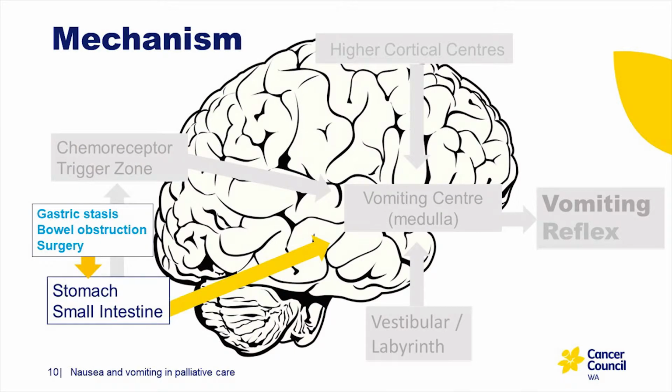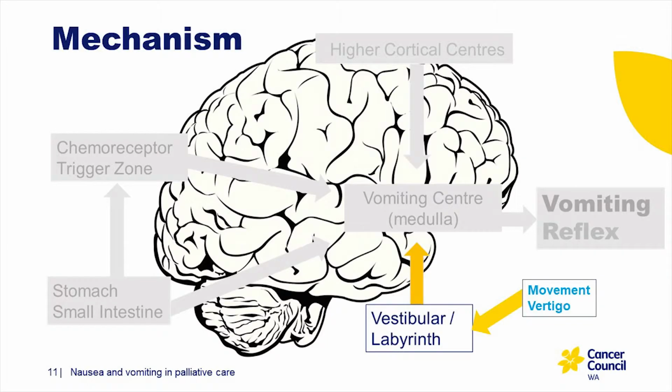Your small intestine is about movement of food through your small intestine, and that may be for a whole range of reasons. You may have had surgery, you may have disease in your small intestine, and so you can't transit food properly, and that will give stimulation back to your vomiting centre. And then we have our balance or vestibular centre, and that may be affected generally by movement. So the most common people can think about is seasickness or travel sickness.